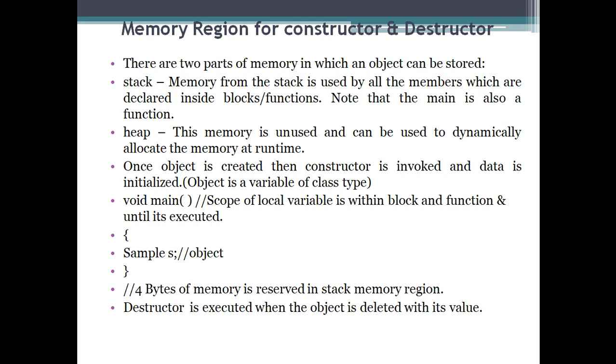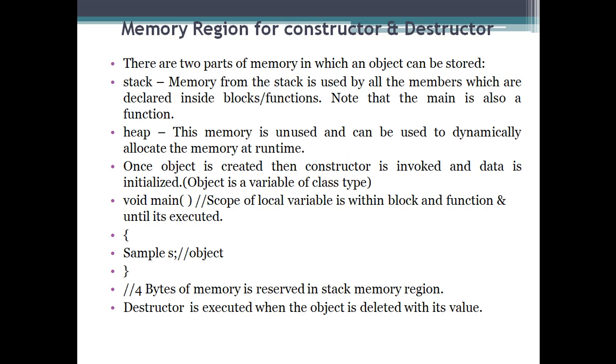But if the memory space is unused and is used for dynamically allocating memory at runtime, then that type of memory is considered the heap. Objects will be stored either in the stack or in the heap region. Once the object is created, the constructor is invoked and its data is going to be initialized.